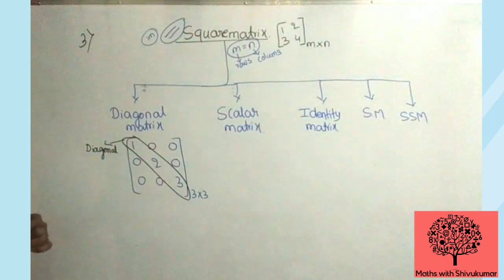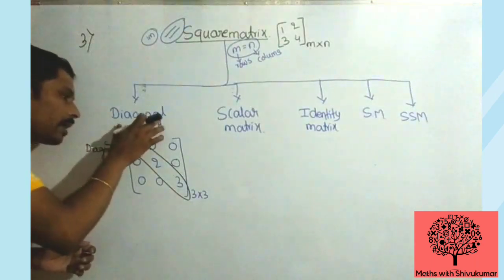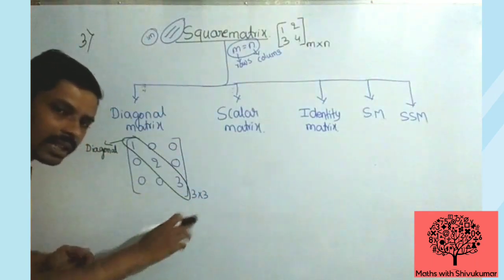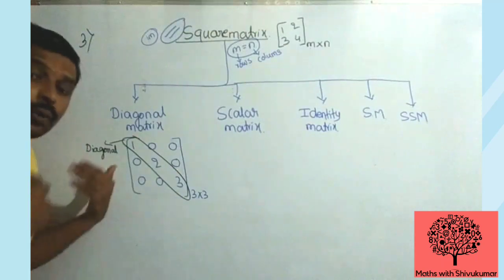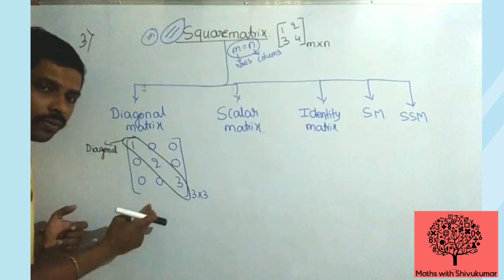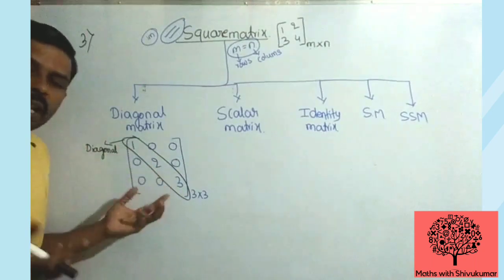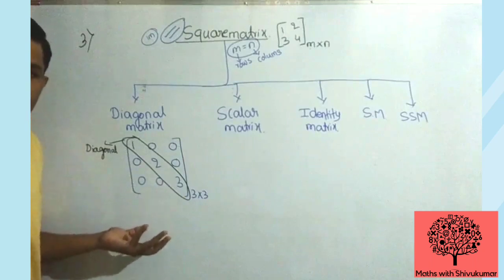So how to write the definition of the diagonal matrix? A diagonal matrix is basically a square matrix in which non-diagonal elements are equal to 0. Don't write anything about diagonal elements, because diagonal elements may be anything. According to your wish, you can write.